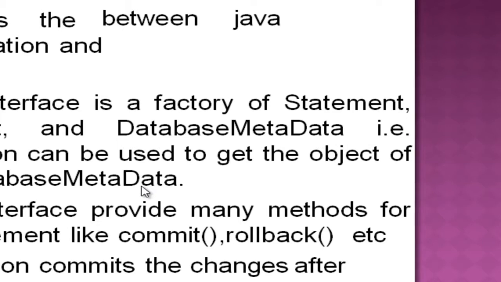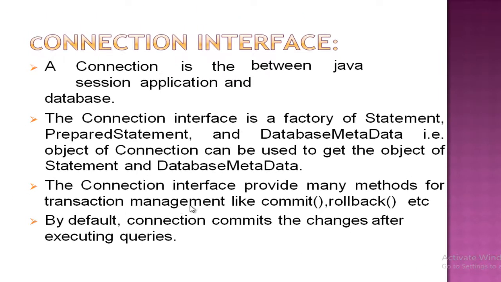Okay, so the connection interface provides many methods for transaction management like commit, rollback, right? For the connection interface, there are too many methods. We have already seen the TCL commands also. So using TCL commands you can maintain the transaction management like commit, rollback, savepoint, rollback to savepoint. So these are the commands. Using that you can use this interface, right?